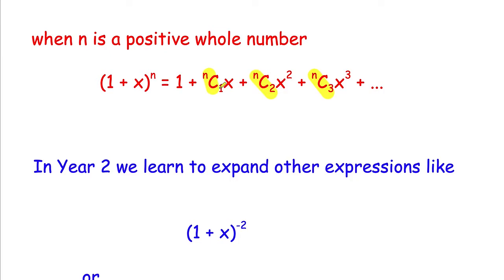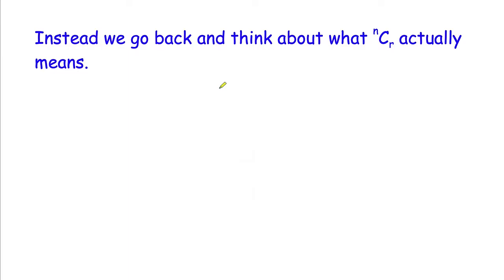So what we need to do next is go back a step or a few steps and think about what nCr is. What is the calculator working out when we ask for, say, 5C2? And if you think way back to year 12, when you first were introduced to nCr, it had a formula.